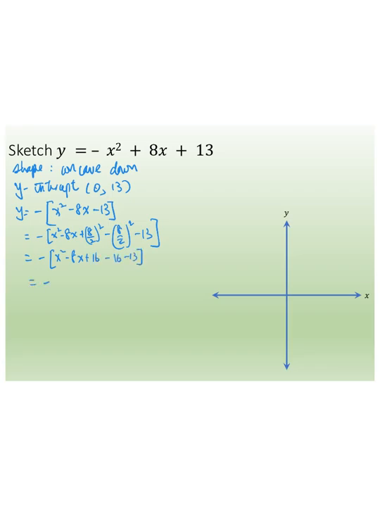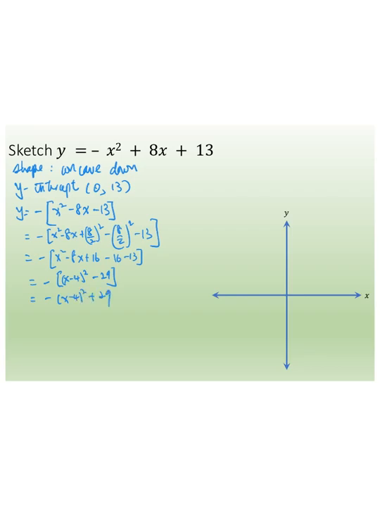Therefore it is minus ((x minus 4) squared minus 29). Now we bring the minus sign in. Multiplying in, I've got minus (x minus 4) squared plus 29.